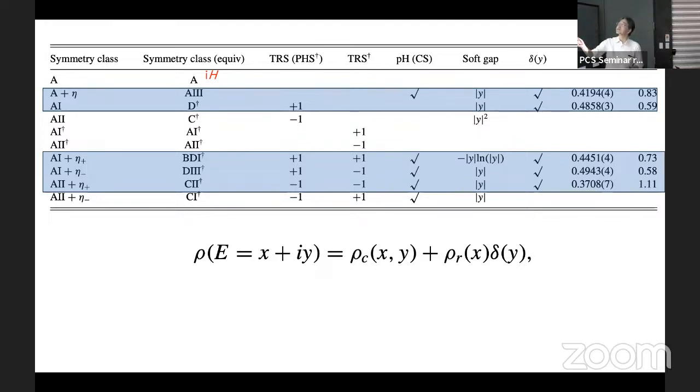Also, some of the classes show the soft gap for the density of state. Now, the density of state in the non-Hermitian system can be decoupled into the density of state for the complex plane and the density of state at the real axis.